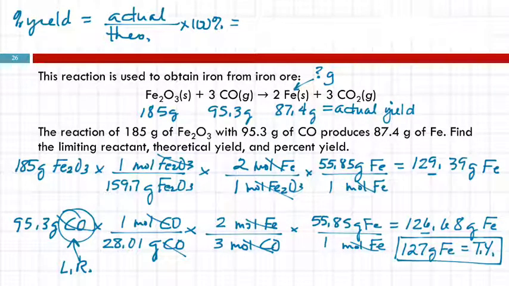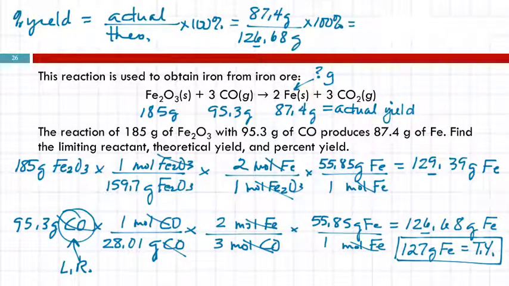So the actual yield was given to us, 87.4 grams. We just calculated the theoretical yield. I want to use this one because I want to avoid rounding errors. So I'm going to use 126.68. We got 87.4 divided by 126.68 times 100.